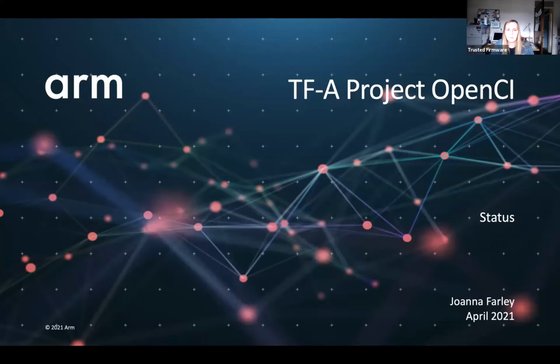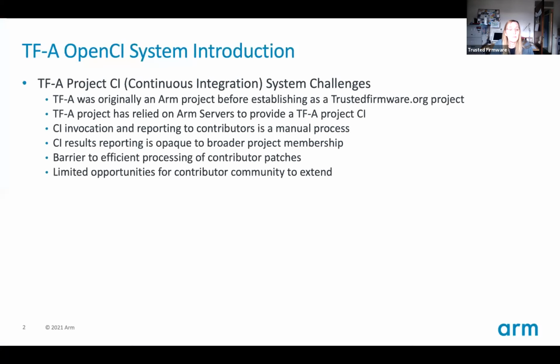So let me move forward. This was a slide that I shared last time, and I haven't changed it. The reason we're doing this work is that the project was originally an ARM project, and everything was run within ARM.